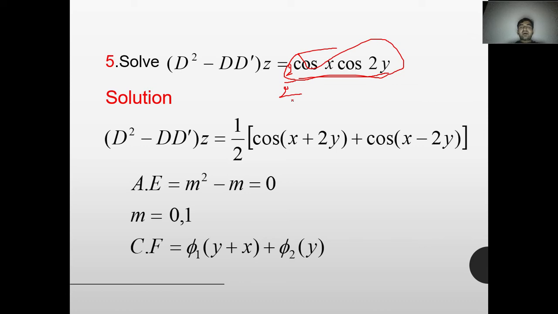So here cos x plus 2y plus cos x minus 2y, into 1 by 2. So the auxiliary equation, putting the value d is equal to m, we get m square minus m is equal to 0. So roots of the auxiliary equation are 0 and 1. So complementary function is phi 1 of y plus x plus phi 2 of y.